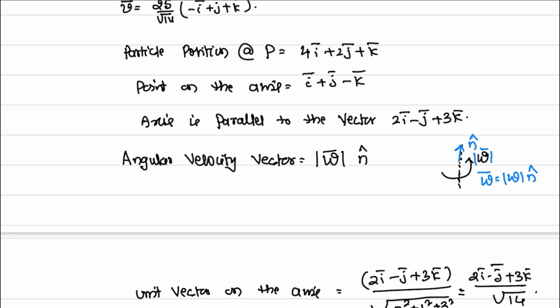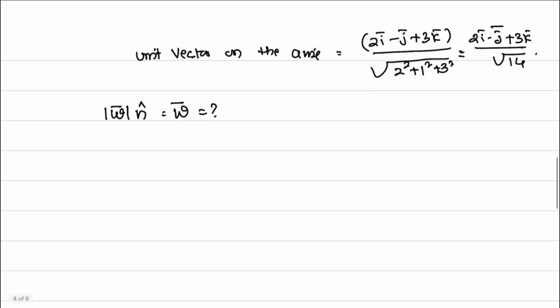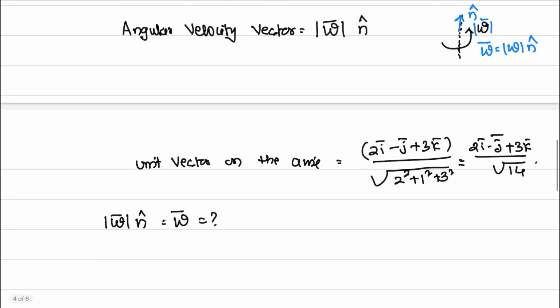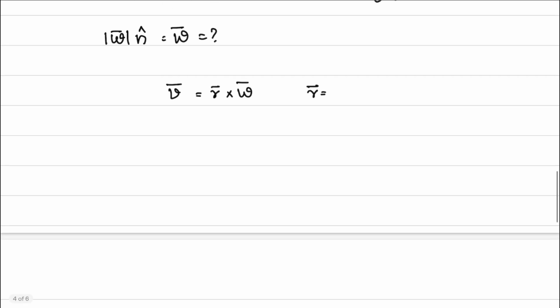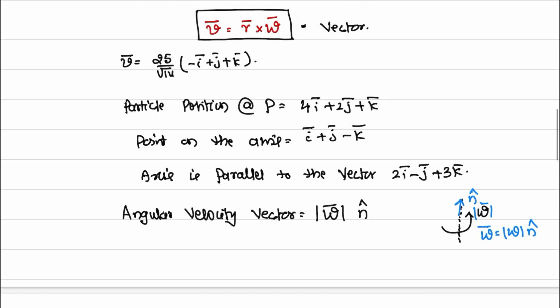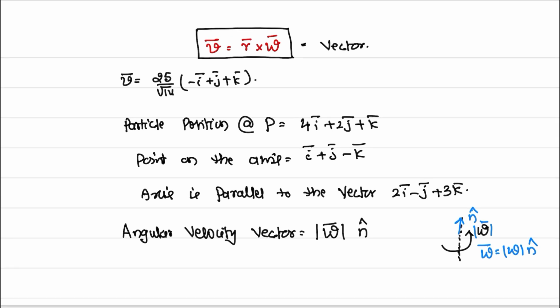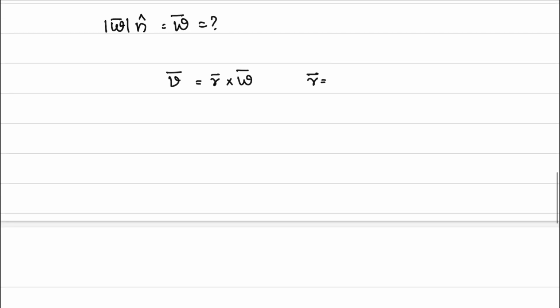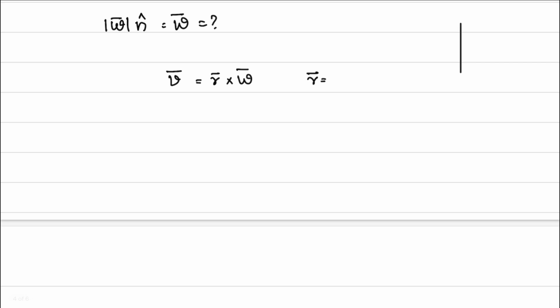Okay, you got this. Now, we know the relation V is equal to R cross omega. V is given to us. R is nothing but the displacement between the particle position and point on the axis.